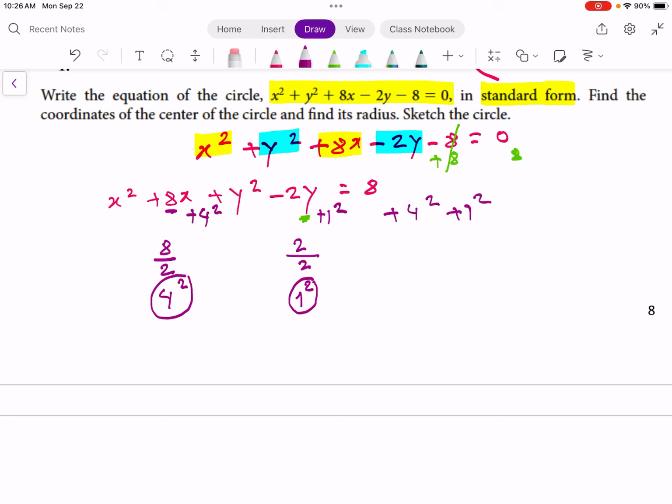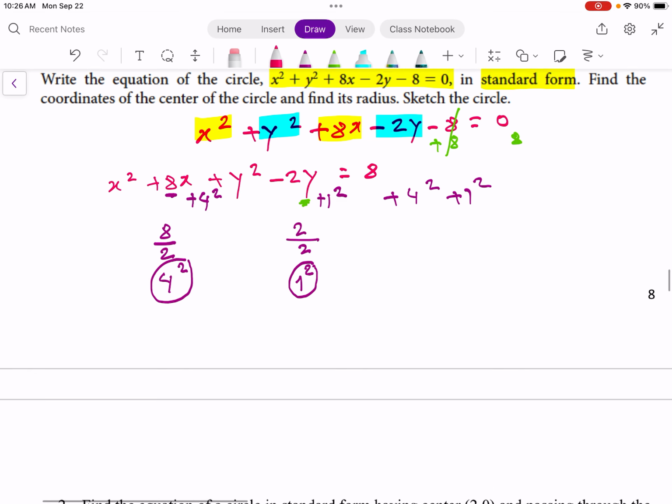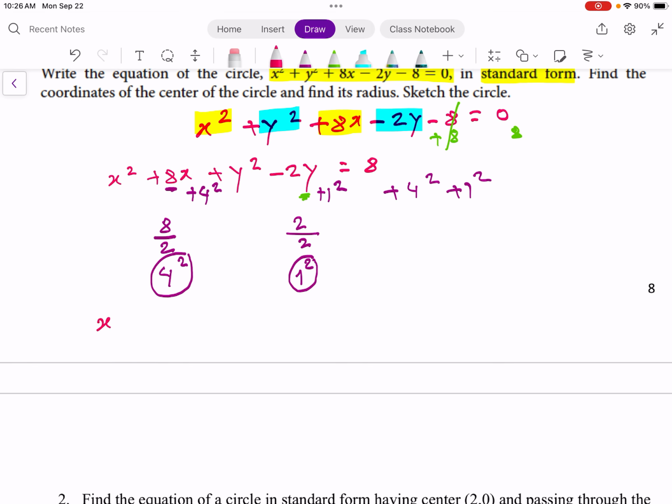You have to do this for the coefficient of x as well as the coefficient of y. Now let me rewrite this equation. Our equation now looks like x squared plus 8x plus 4 squared, we added 4 squared on both sides. Then we have y squared minus 2y plus 1 squared, we added 1 squared on both sides. On the right, we have 8 plus 4 squared plus 1 squared.